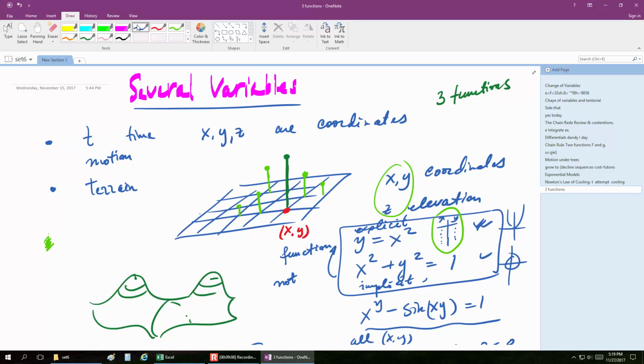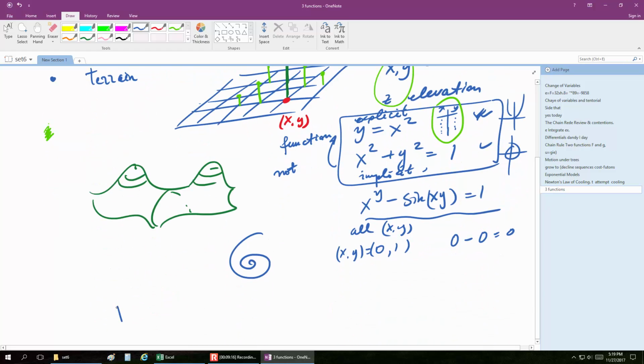Some quantity depends on 2 other quantities. Force equals mass times acceleration. Why not? So as you can see, we would have these as 2 input variables, and this is 1 output variable.